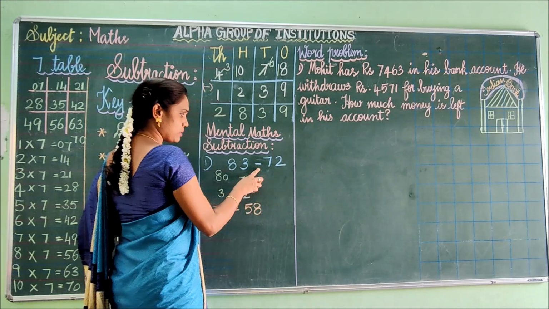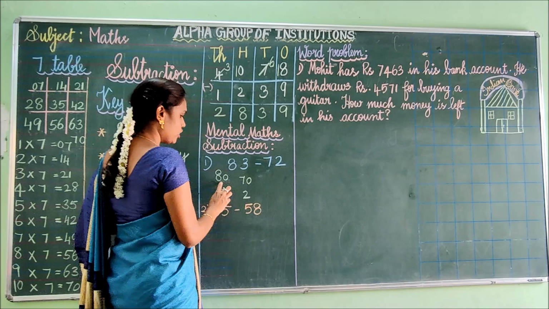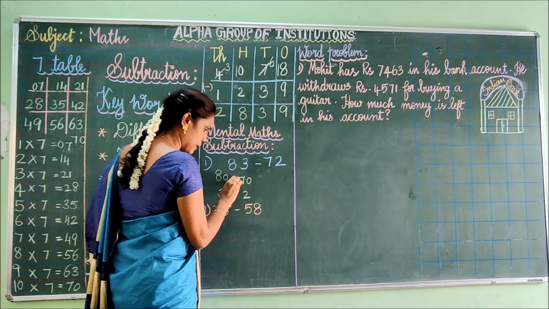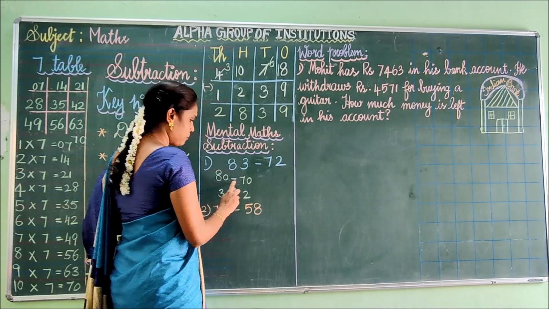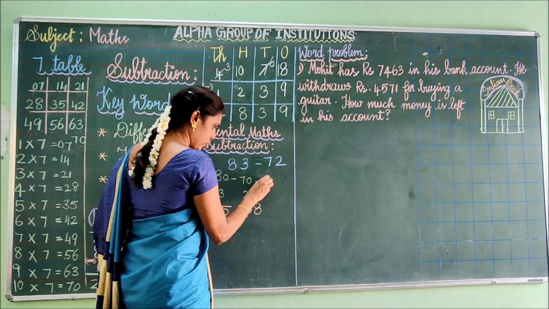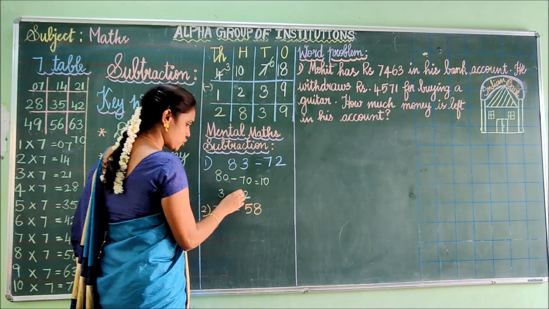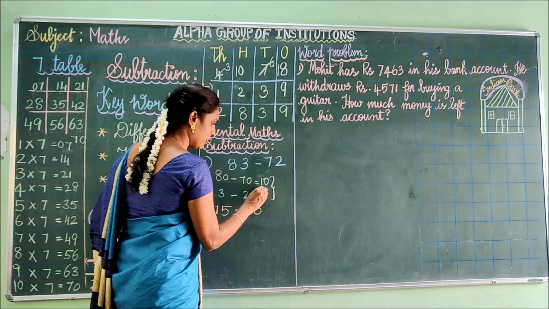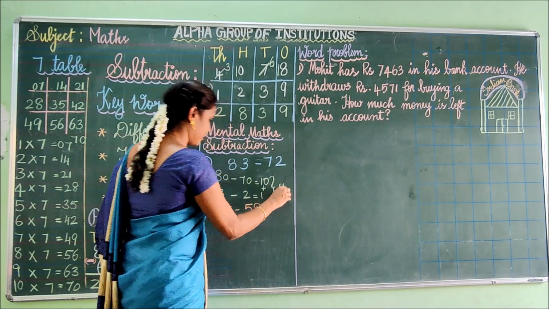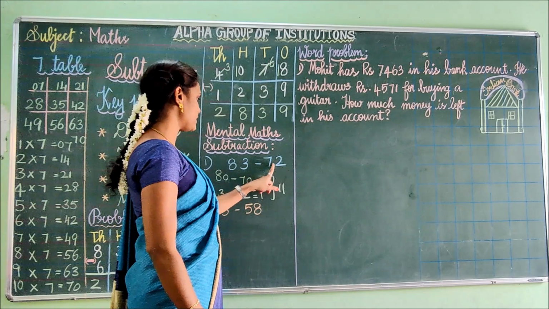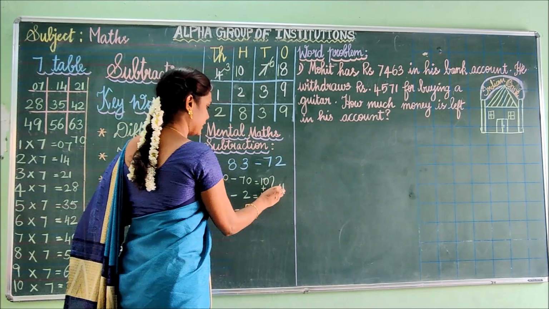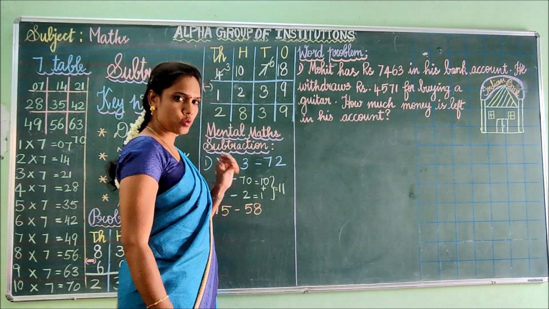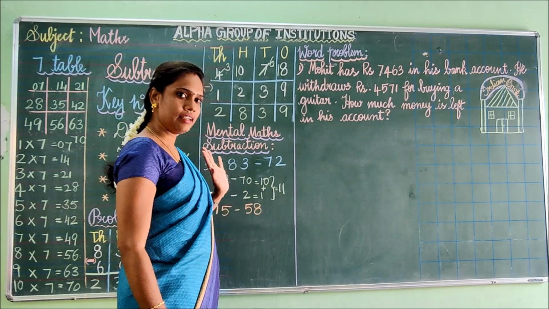So what symbol is here? Subtraction symbol. So instead of adding, you have to subtract these 2 first. 80 minus 70, yes, very good, 10. 3 minus 2, yes, 1. Now you can add these 2 numbers. 10 plus 1, 11. So 83 minus 72 is 11. This is the answer, children. Within 1 second you can find the answer.